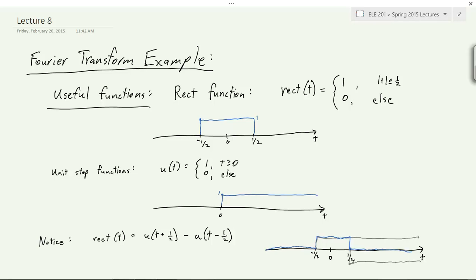I put these little circles to indicate that it's a 1 there. And if I do this subtraction, it would be 1 here, but it would be 0 here. So they're not technically the same, and so I'm just going to be casual. In continuous time functions, changing the value at one point in time is inconsequential, and anything will do. So I don't really care that these aren't actually equal.